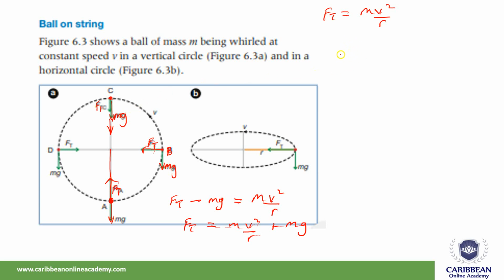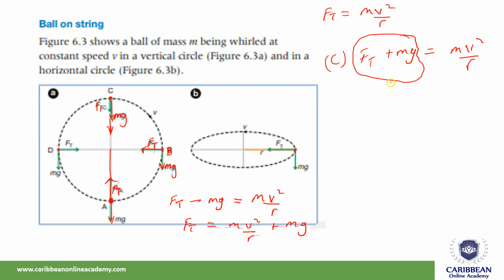That tells us that my net force towards the center, when the object is at C, is going to be Ft plus mg equal to mv squared divided by r. All of these forces acting towards the center are what contribute towards my centripetal force.